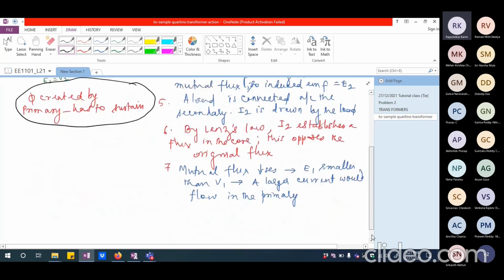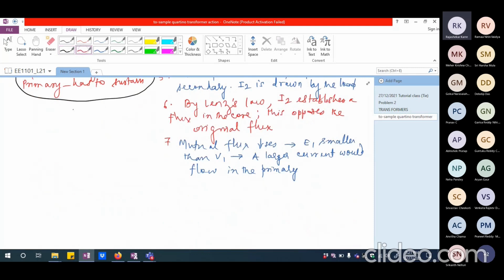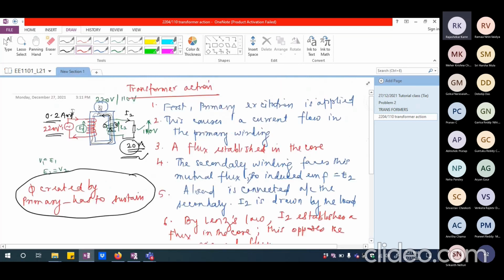So generally, if N2 I2 is the MMF from the secondary side, I should have the primary side MMF almost equal to this, because the original current, what was being drawn as 0.5 ampere or 0.2 ampere, is really meager as compared to this 20 ampere. So I'm almost neglecting it.